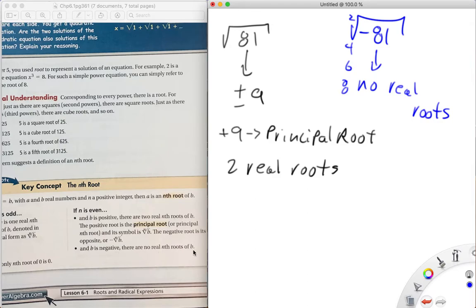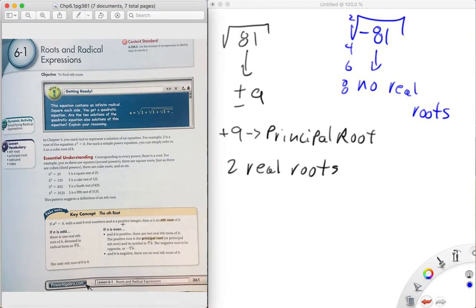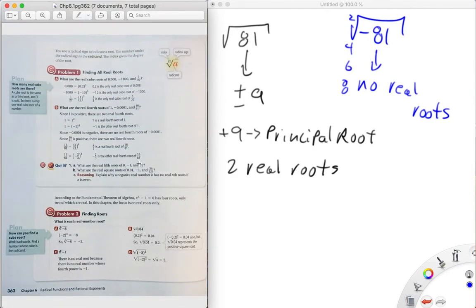If b is negative, there are no real roots. We leave it alone. So that's what this concept is talking about. Odd numbers, you can have negative roots. Even numbers, if it's positive, you have two real roots, plus or minus, and if it's negative, you can't have a real root.